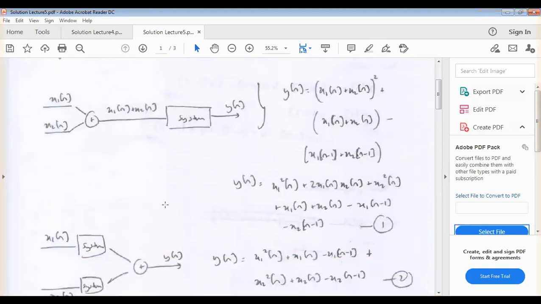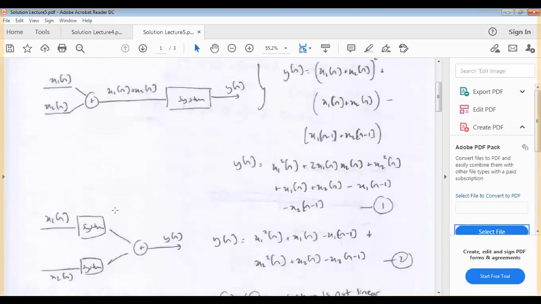For the second case, or second method, we excite the inputs individually to the system. So x1n is applied to the system, then x2n is applied to the system. The responses of the system are then added.